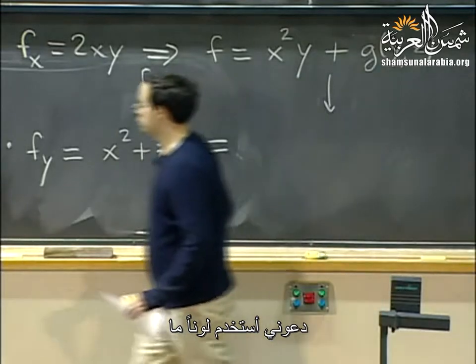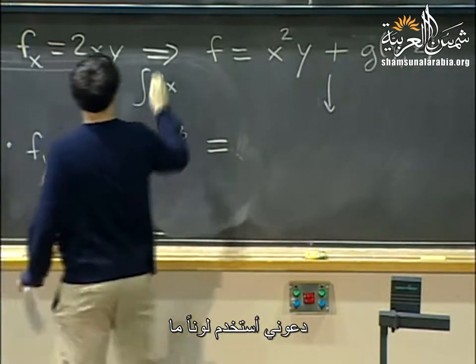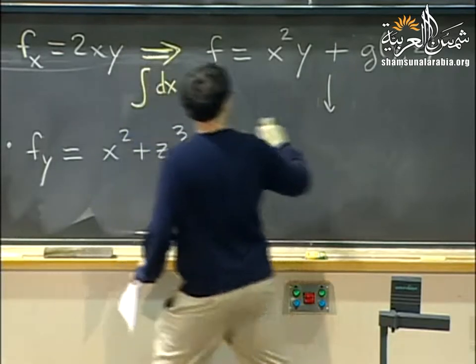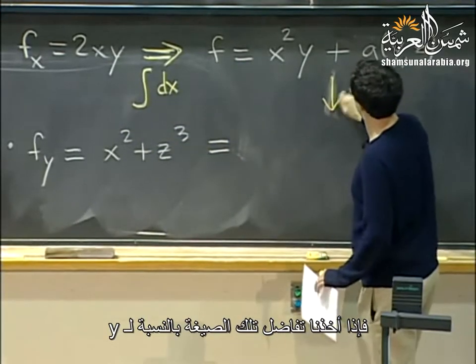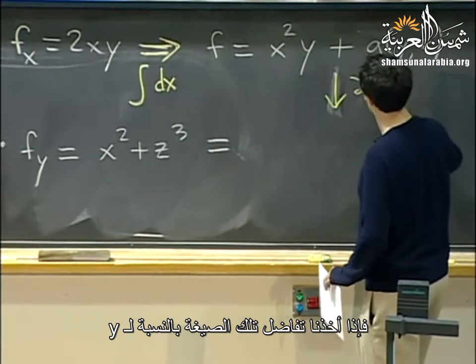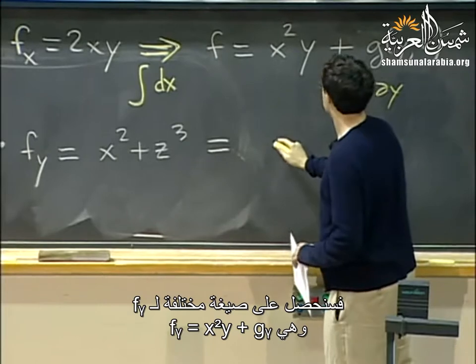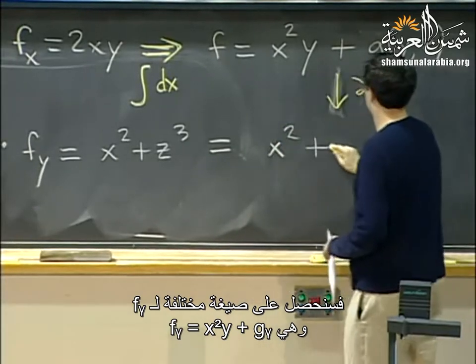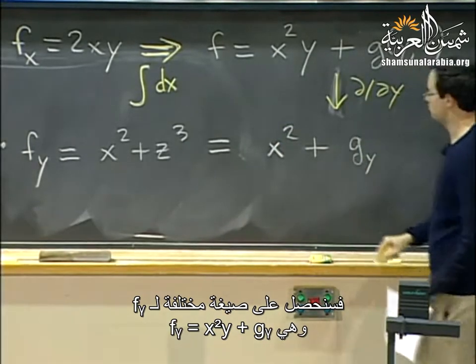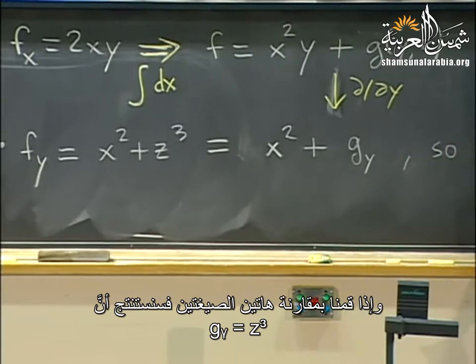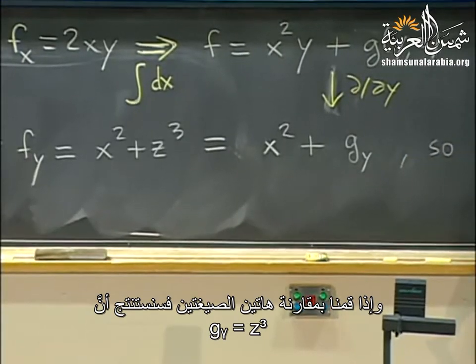So if I take the partial of this with respect to y, I'm going to get a different formula for f sub y that will be x squared plus g sub y. Well, if I compare these two expressions, that tells me that g sub y should be z cubed.